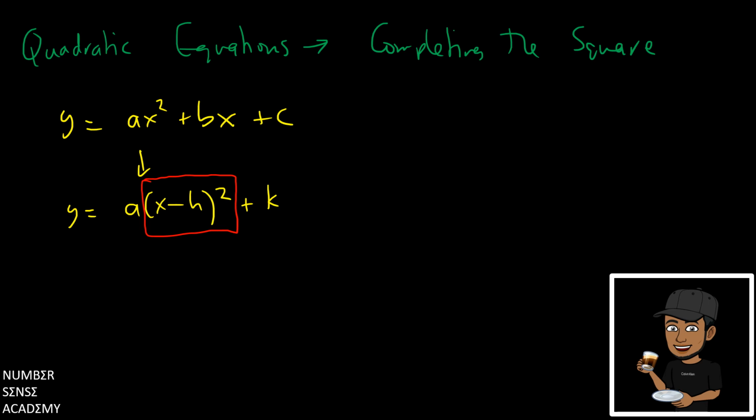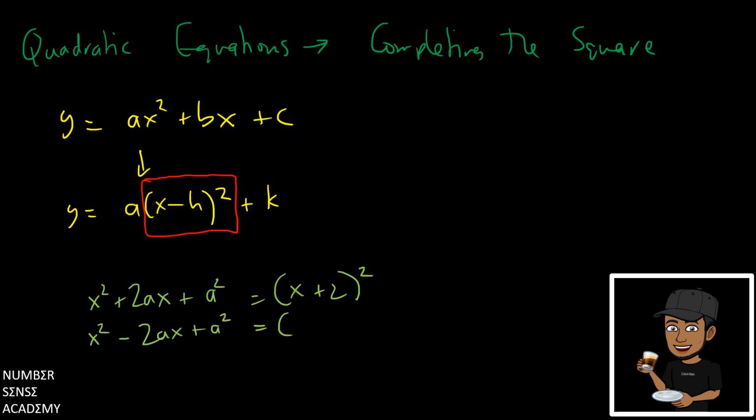And essentially, what that means is that we're trying to use this method so that we can take advantage of the fact that x squared plus 2ax plus a squared is equal to x plus a squared, or if we have x squared minus 2ax plus a squared, that's easily converted.